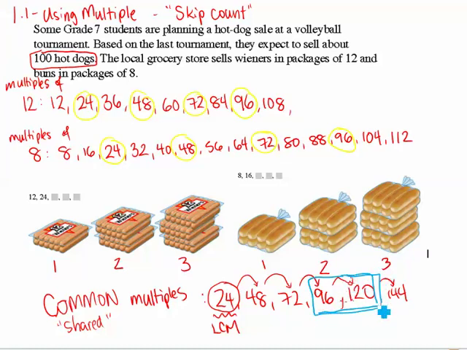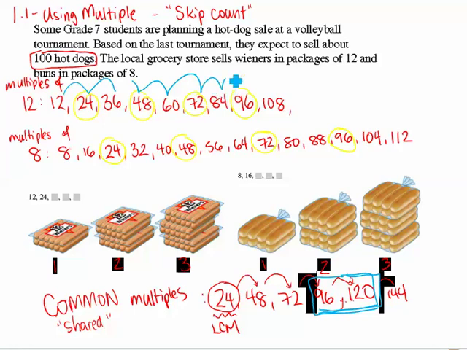And now to figure out how many packages, I'll go back to my original and see how many skip counts I needed of the hot dogs and how many skip counts I needed of the buns to get to that. So 96, I needed to count 1, 2, 3, 4, 5, 6, 7, 8. It is the 8th multiple of 12.